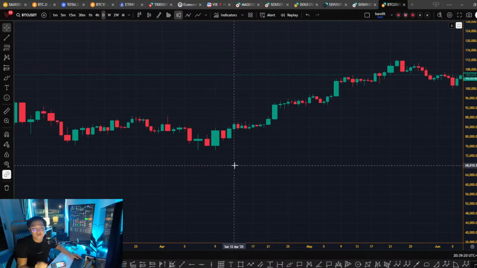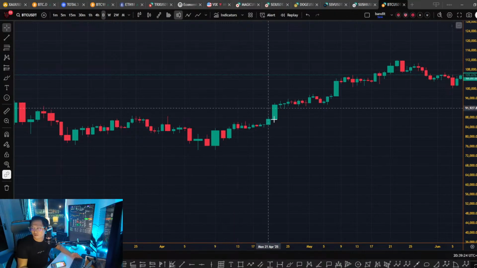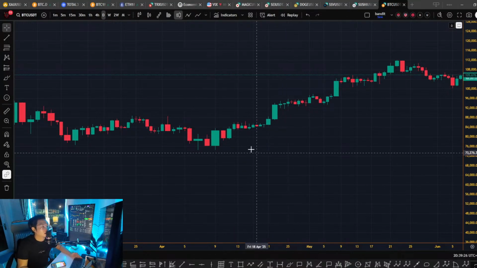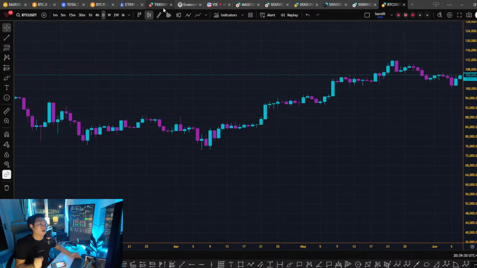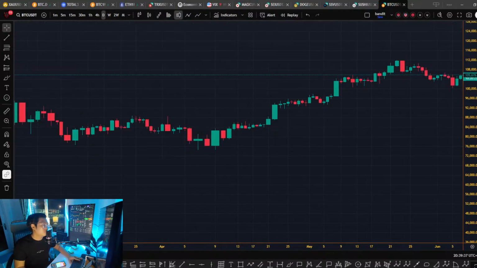If there is less volume or a retracement, the candle will be like the regular candle, like this one. But today we're just going to use the regular one.